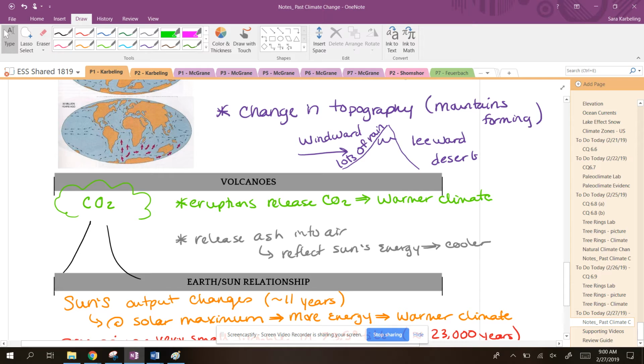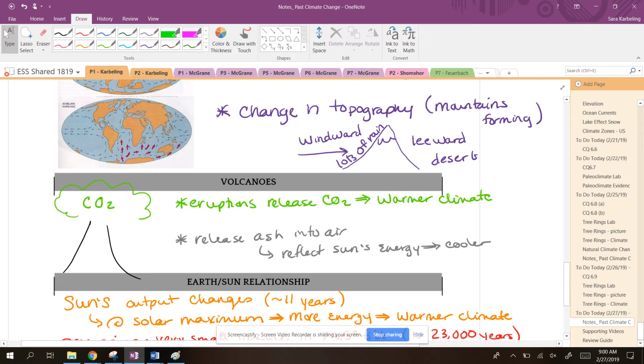One is Mount St. Helens. Have you guys ever heard of Mount St. Helens? Yeah, it's a volcano in the northwest part of the United States, and it erupted. Gosh, I can't remember what year. Shamshar could tell us because she used to live there. When it erupted, it was not the biggest eruption ever, but because of conditions, it released a ton of ash into the air.